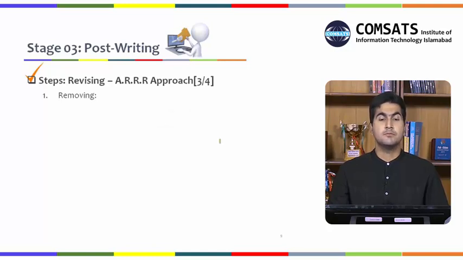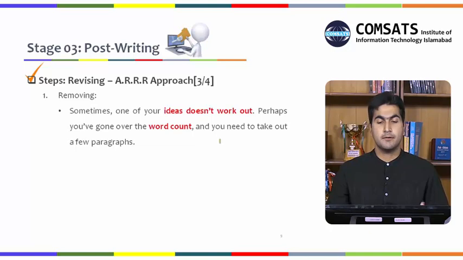The next is removing. As I mentioned earlier, there are certain points, as written over here in red as well, which don't work out. You have written them, of course, as a result of this pre-writing strategy. You thought that these are the points which could be mentioned over here, but when you really started the writing process and writing about all those ideas, they were not fitting into the overall picture, overall body of the text, and that's why you feel that if this point can be removed, it will become more coherent, more logical.